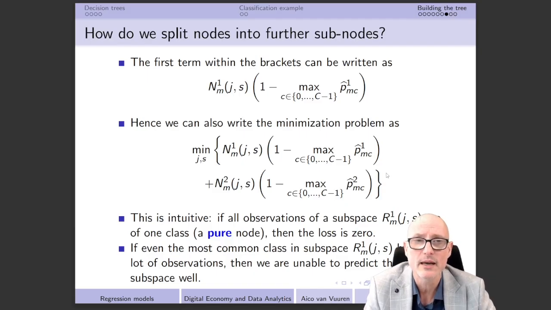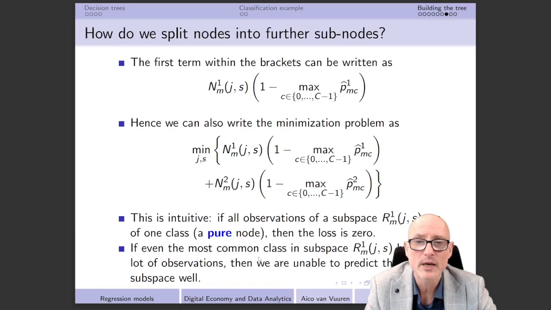But generally we can say that it's a very good thing to have a pure node, that we choose R1 MJS in such a way that we have a pure node, or at least a node that has a very high percentage with respect to one of the particular classes, which automatically means a very low percentage with respect to the other classes.